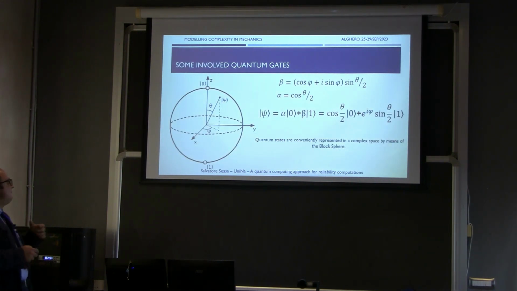So, let's look at some involved quantum gates that are used for initializing and manipulating the superposition states of qubits. This is a generic rotational gate. This is a rotation about the y-axis, and this is a generic rotation, but we will use just the rotation along y.